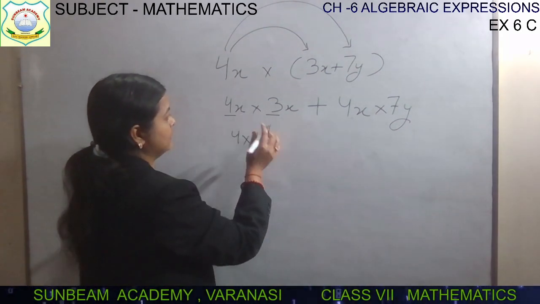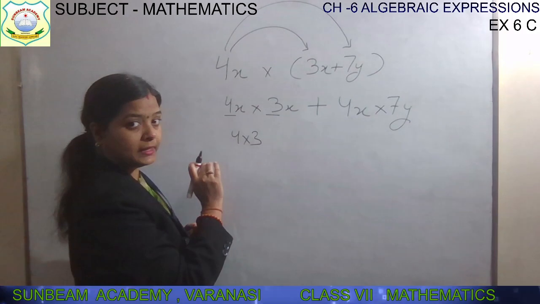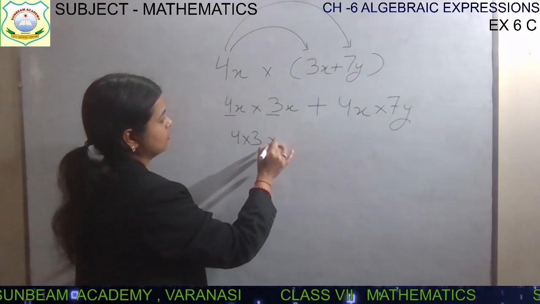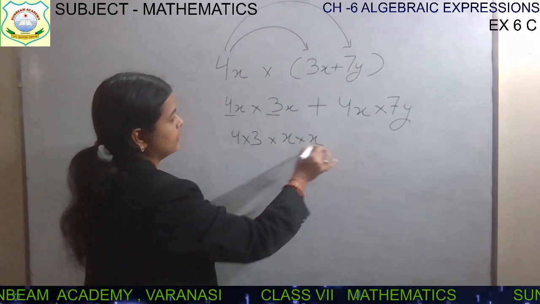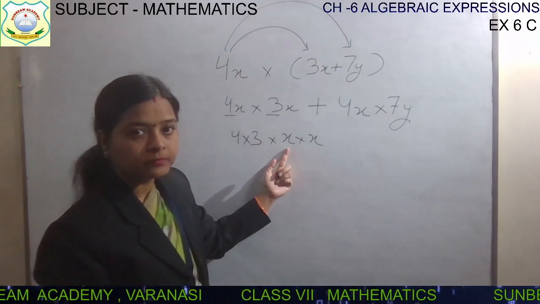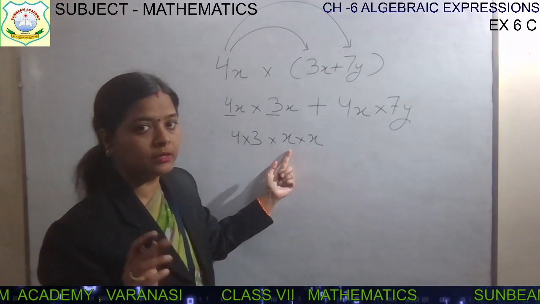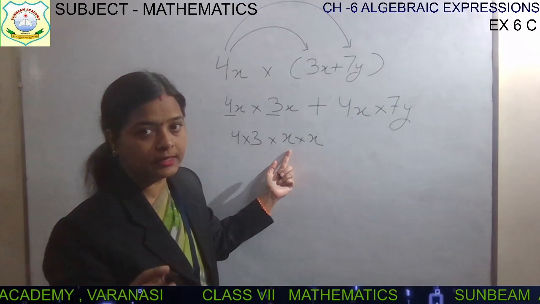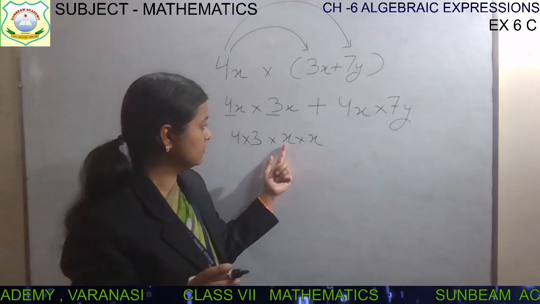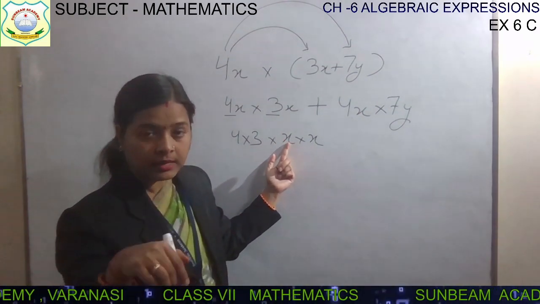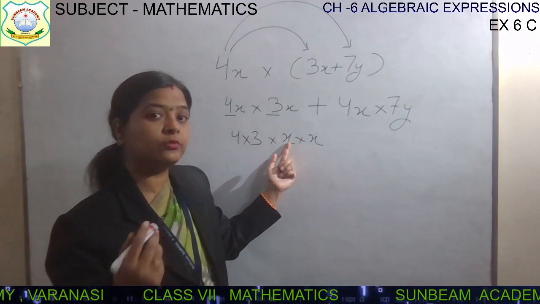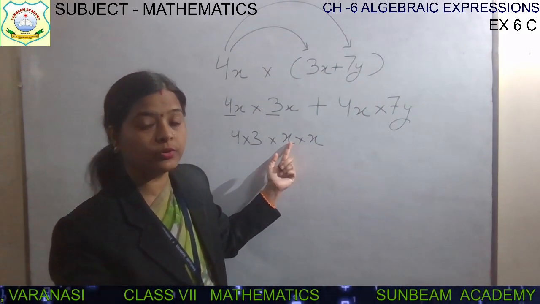Then we will collect the variable x into x. So x into x. Can you see how I am writing x? I have seen some pages which you used to send in the WhatsApp group where x is written like a multiplication sign. Then in future it may get confusing to you and also to the examiner.